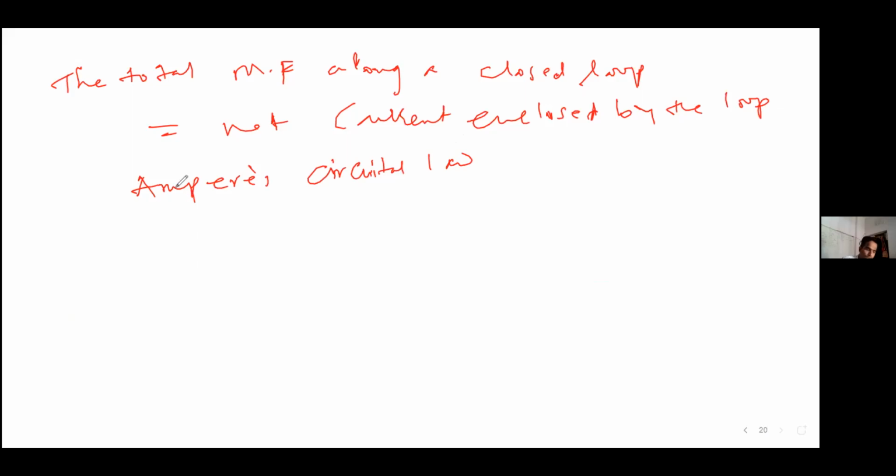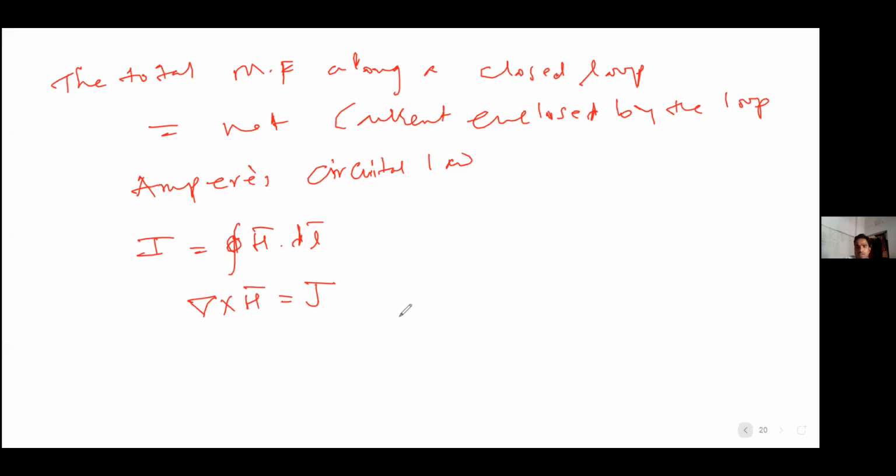And we saw it in integral form. In integral form, it is the closed line integral of H bar dot dl bar. And in point form, we get del cross H bar is equal to J bar.